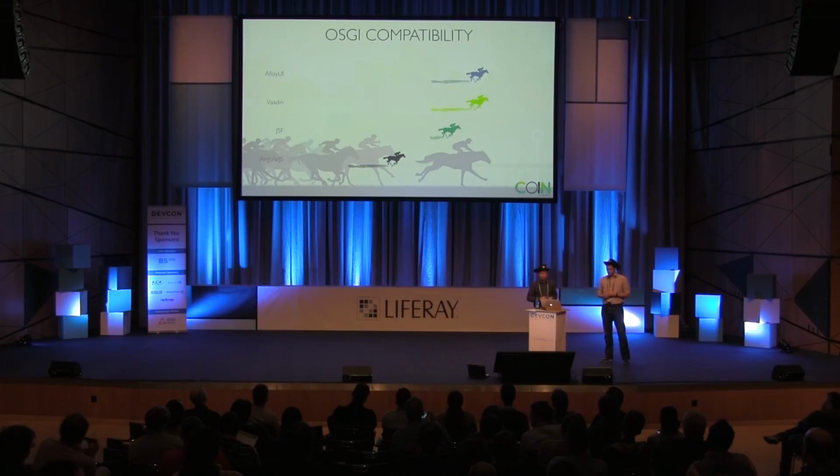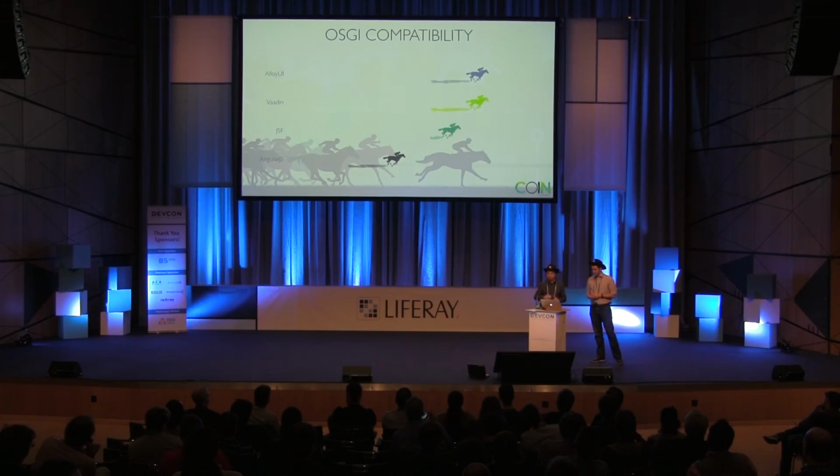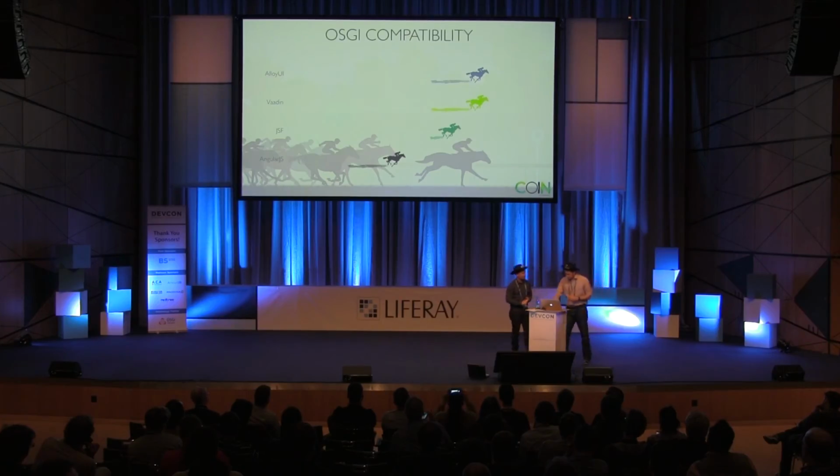JSF, as mentioned before, is not really compatible with OSGi, and maybe never will be, but there are some workarounds available, and I heard from Neil yesterday that the team is also working on a decent bridge between the two, so there's hope. Currently it's lagging behind a little. So AlloUI and Vaadin, becoming a neck and neck race.